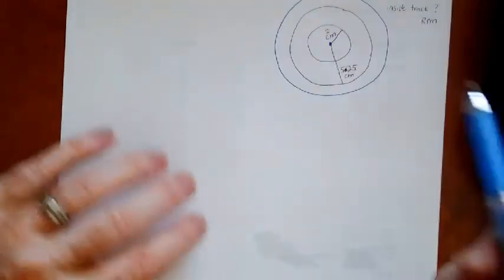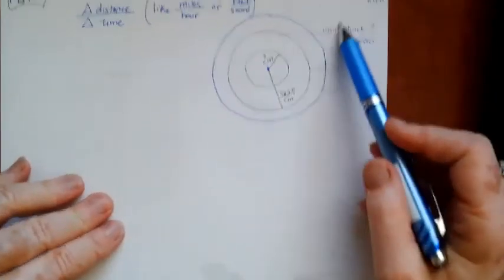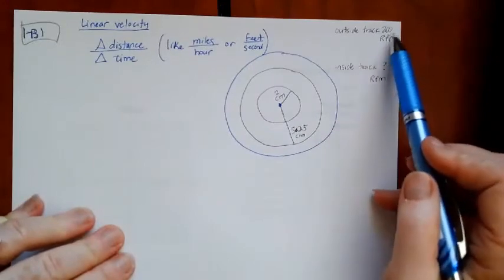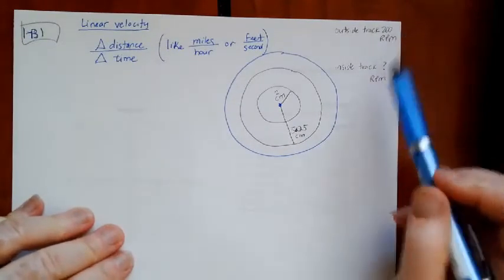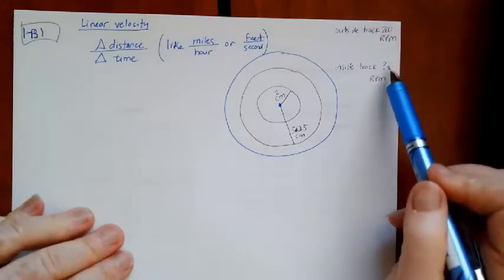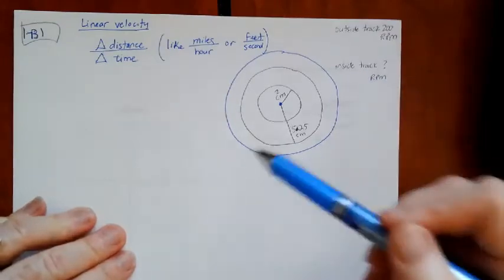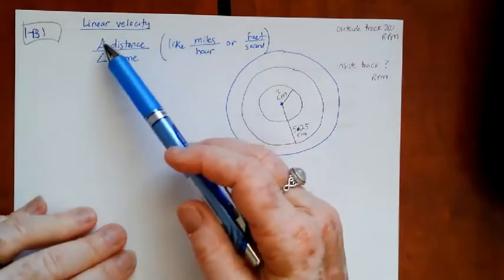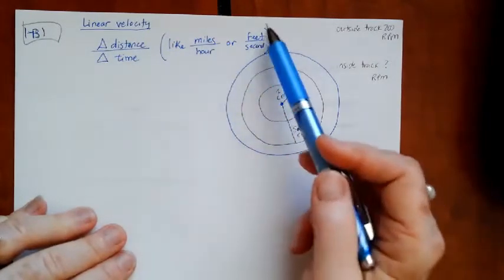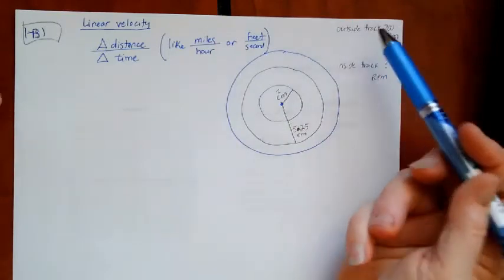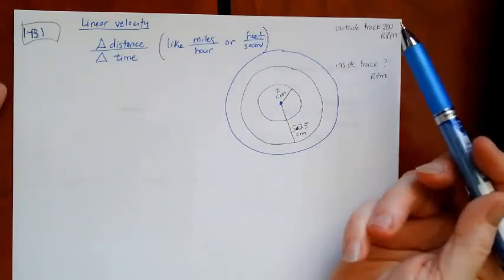Remember it told us that the outside track has 200 revs per minute. The inside track, they're eventually going to ask us that. We know linear velocity is the change in distance over the change in time, like miles per hour or feet per second, or in this case centimeters per minute or second.